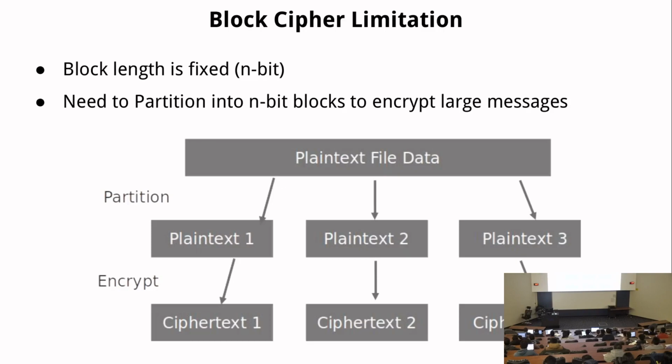But the data we encrypt is obviously much larger than that. So what we do is partition our plaintext into smaller blocks. Each block is 16 bytes. Then we encrypt each of them independently if we only use the AES or DES algorithm.